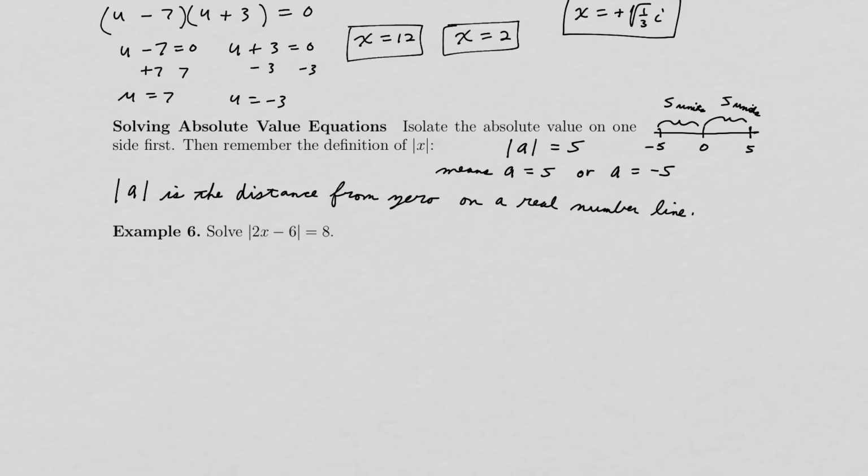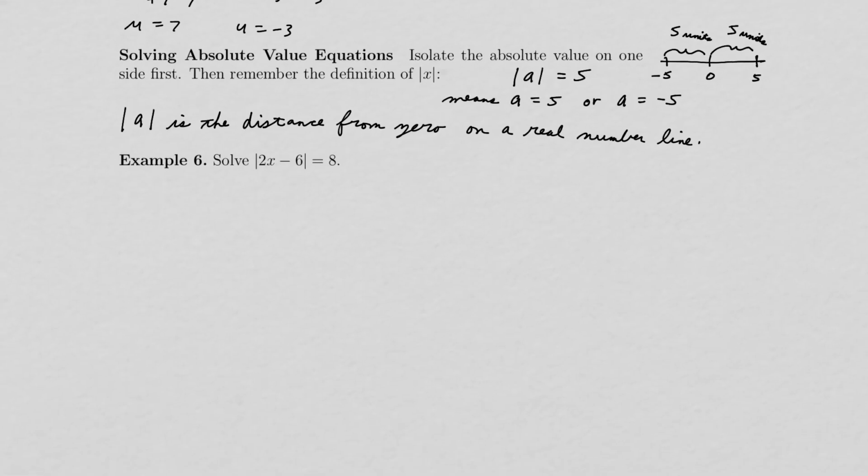Okay, so what does that mean in terms of solving absolute value equations? Well, let's look at the next example to explain this. If I have, say, the absolute value of 2x minus 6 is equal to 8, this expression, which you can think of as A, could either be positive 8 or negative 8. If A is positive 8, then the absolute value of 8 is 8.